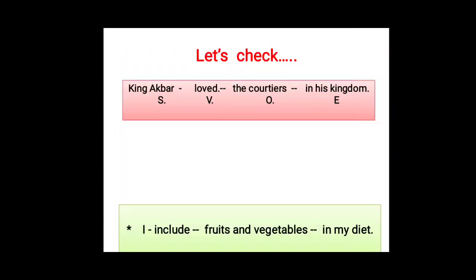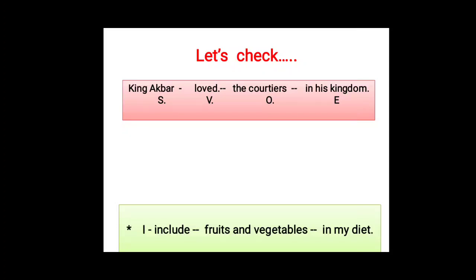Let's check. First sentence: King Akbar loved the courtiers in his kingdom. Who are we talking about? King Akbar, subject. Action, loved, verb. Loved whom? The courtiers. That's the indirect object, from the answer to the question whom.